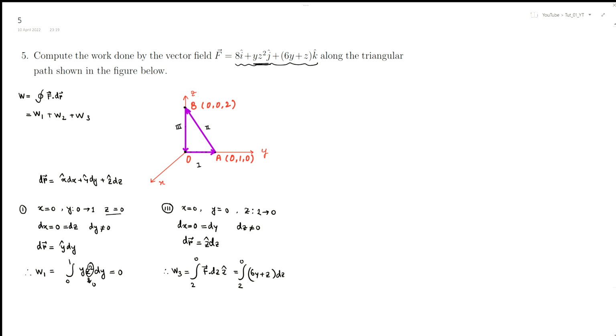Then because y is 0, we can simply substitute 0. Our integral simply becomes the integral from 2 to 0 of z dz, which is z square by 2 from 2 to 0. If you substitute, 0 square by 2 minus 2 square by 2, it will become minus 2.